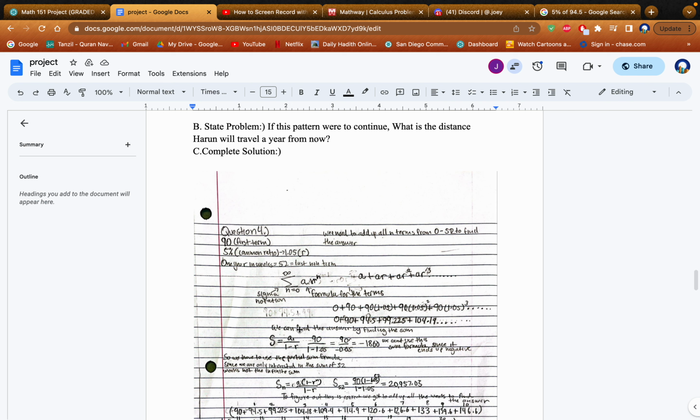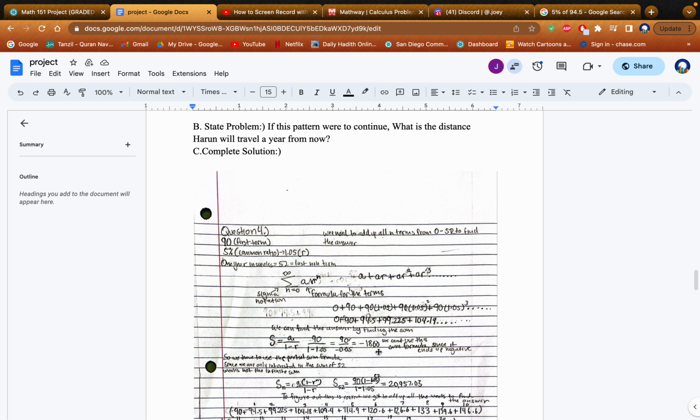So our first term, 90 over 1 minus 1.05, which will equal negative 1,800. Now that wouldn't make sense, because that would mean that Harun would have traveled negative 1,800 miles, which is just impossible.